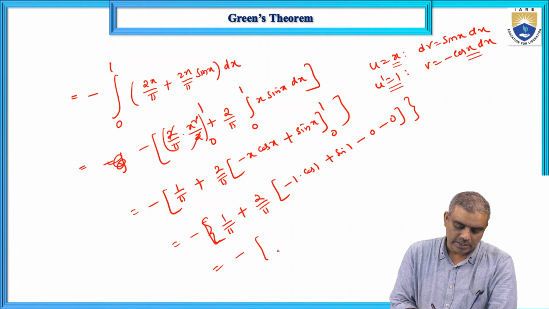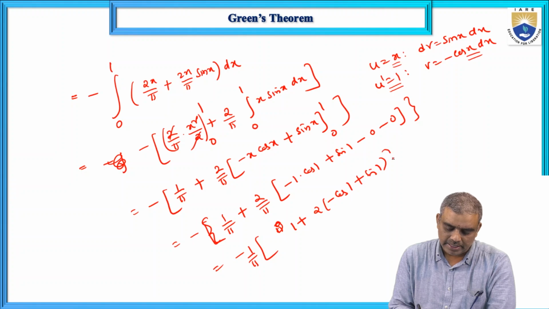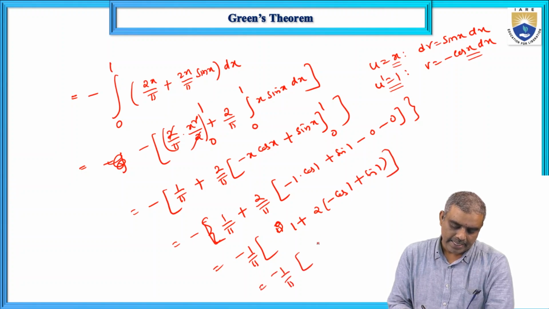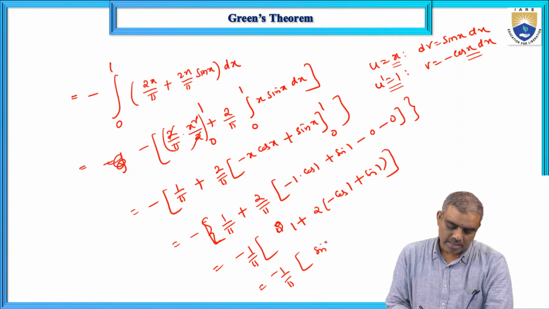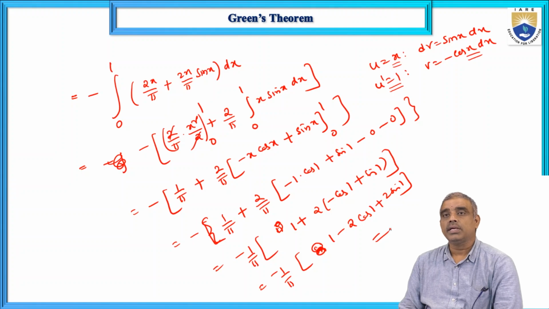So this is minus of 1 by pi, or you can take 1 by pi outside, that is 1 plus 2 into minus cos 1 plus sin 1. That is the required solution, or 1 by pi times minus 1 minus 2 cos 1 plus 2 sin 1 is the required solution of the given problem.